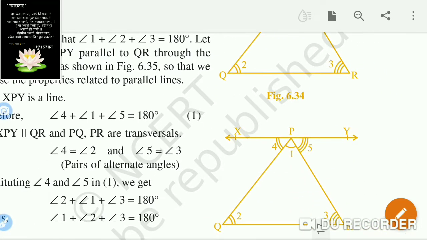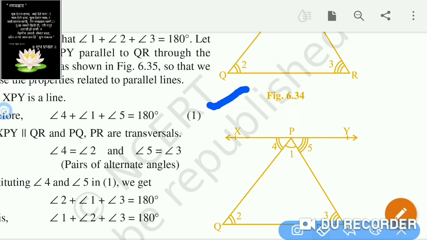Now if you observe here, XPY is a straight line, and around this, on the downside, are angle 1 and angle 5 along with angle 4. What is the measure of a straight angle? That is 180 degrees. So you can say that angle 4 plus angle 1 plus angle 5 is equal to 180 degrees.